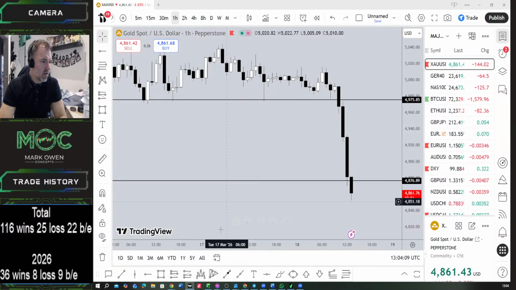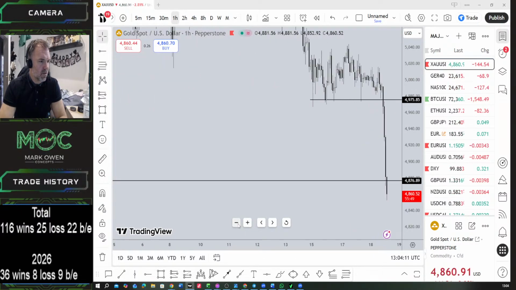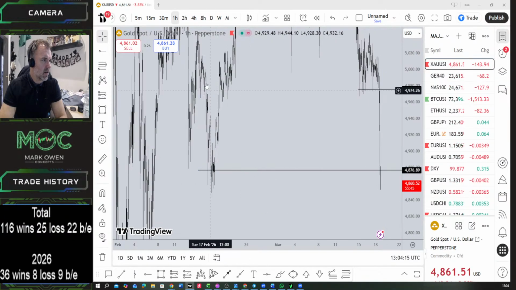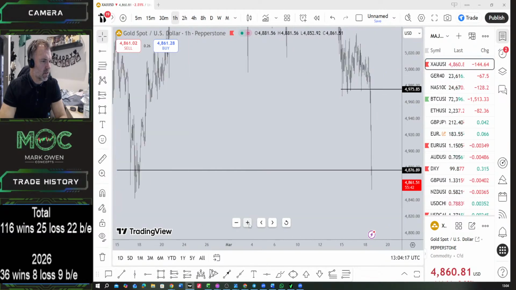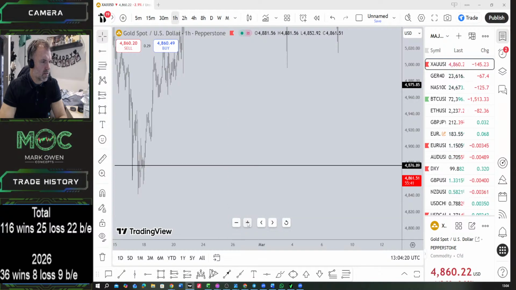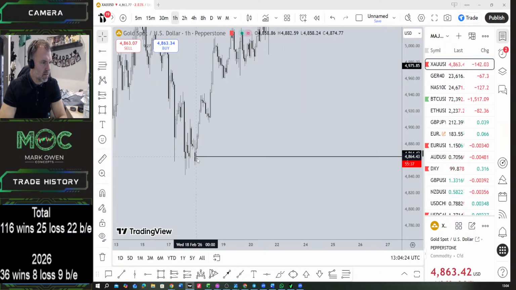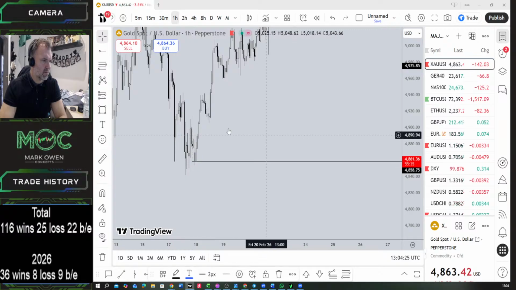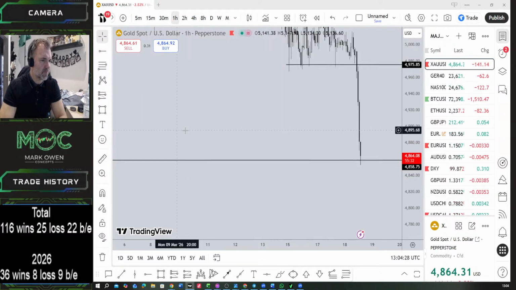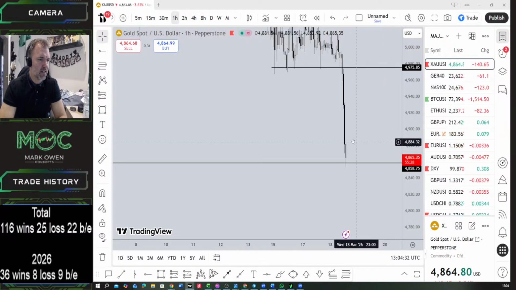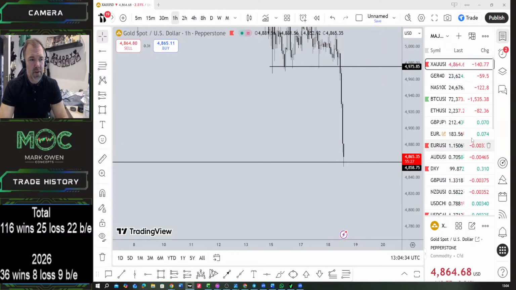This is what I'm looking for: some kind of reaction in this area. On the hourly, we can see this was the daily support, but if we go down to the hourly, this is where buyers came in originally. So let's go back over here. This is what we're looking for. We're waiting for buyer reaction.